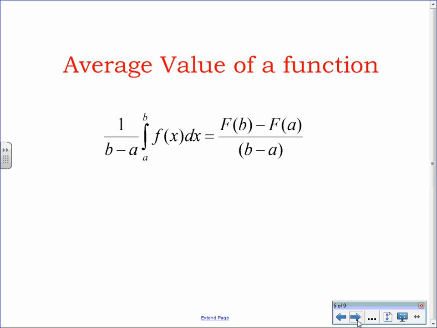Average value of a function. Okay? How do we find an average? Okay, highest minus lowest divided by how many you have.